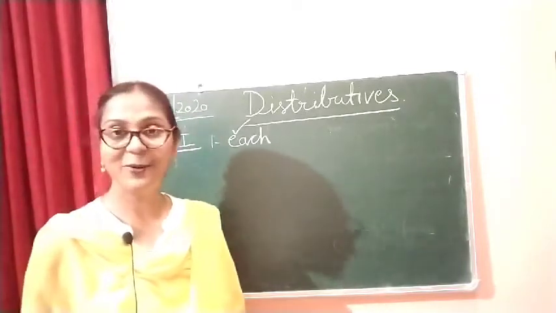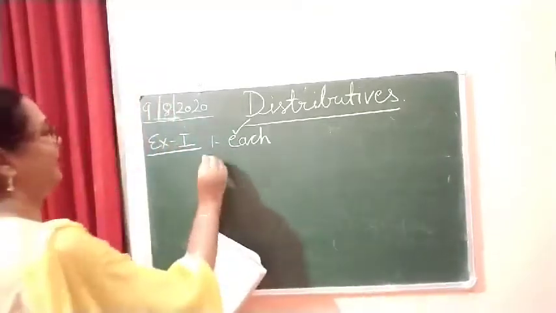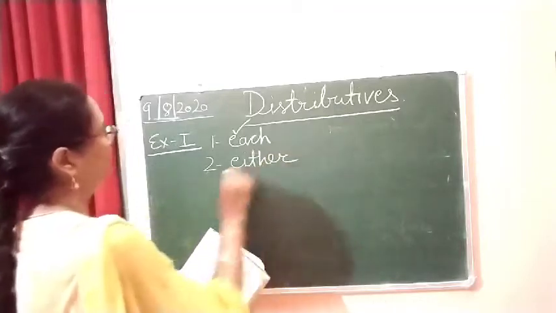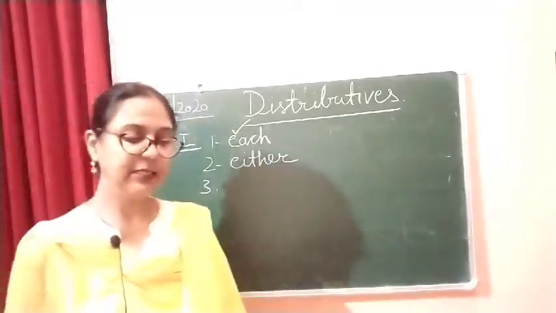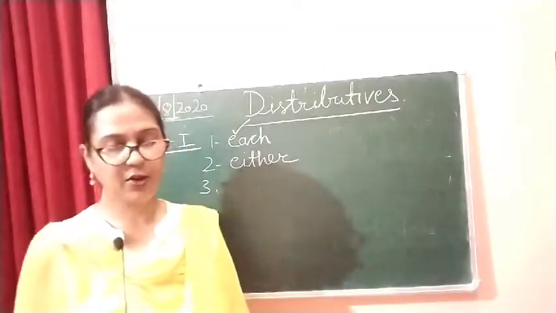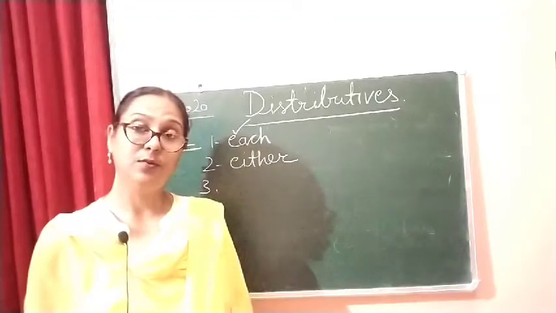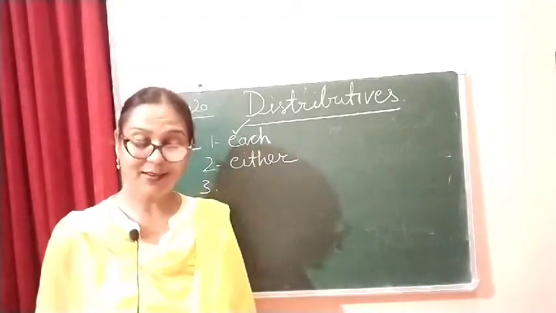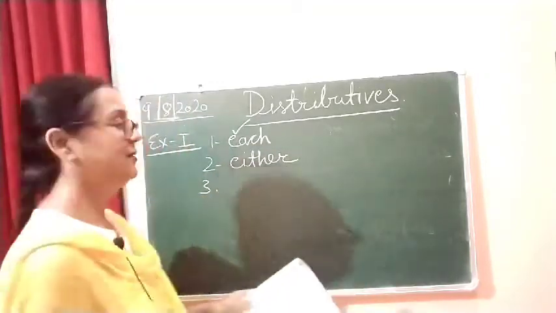Here we are supposed to use either. And number 3: you can buy either, neither, each, every dress since both will look equally good on you. Now here again you can see choices are there. So what we are going to write over here? Either.